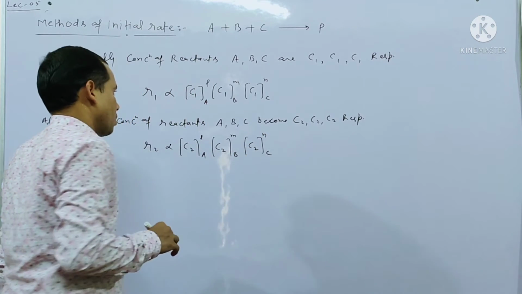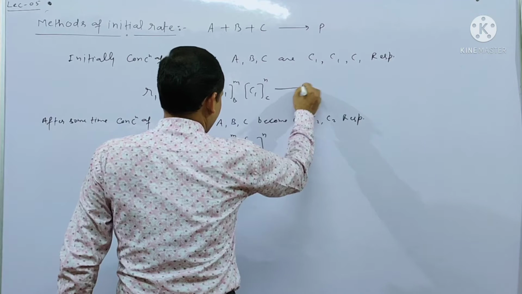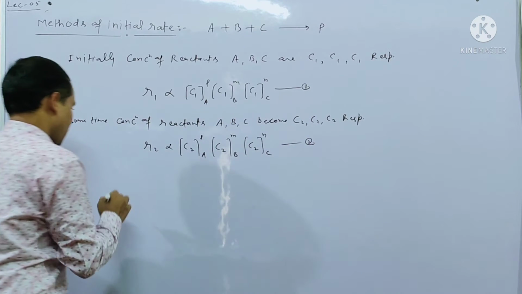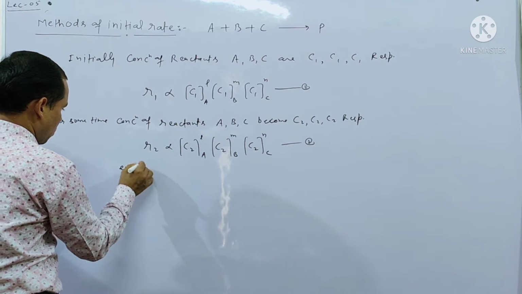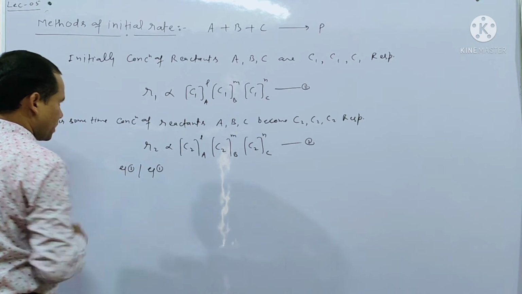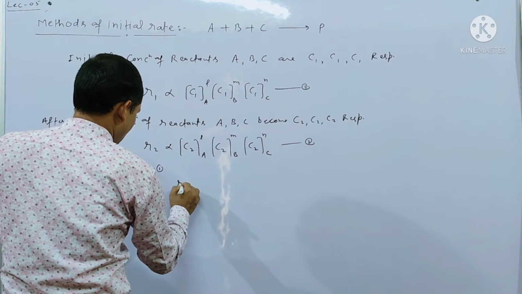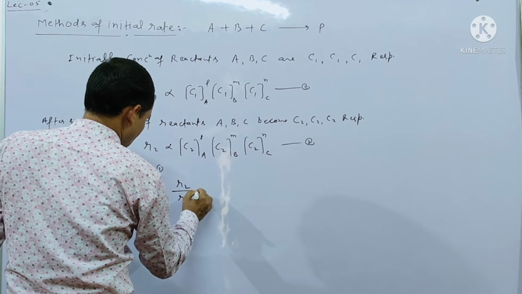Let's consider this as equation number 1 and equation number 2. If we divide equation 2 by equation 1, we get R2 upon R1.